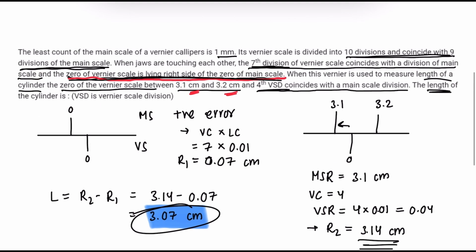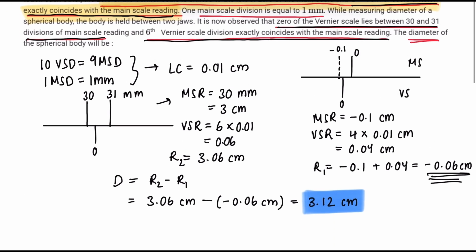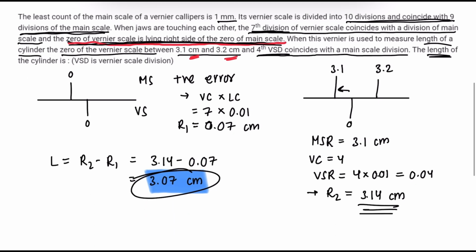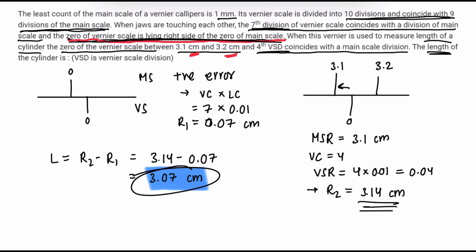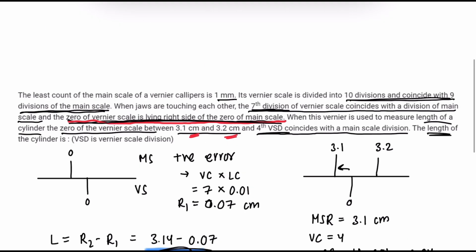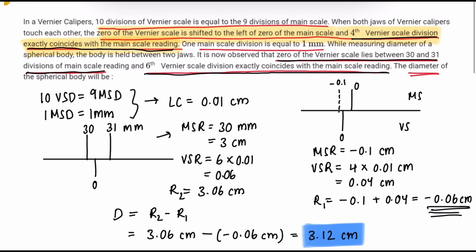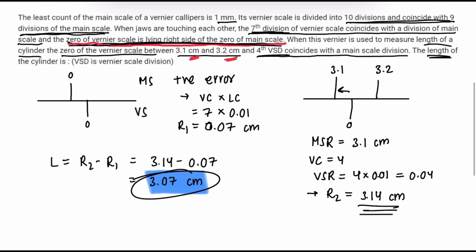So this question and the previous question are pretty much the same. The only difference is that here they've given us a positive error, and in the previous question they gave us a negative error. So there would be a difference in calculation at that point, but other than that, these two questions are practically the same.